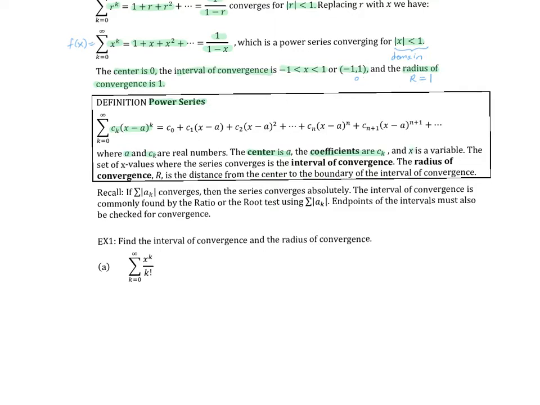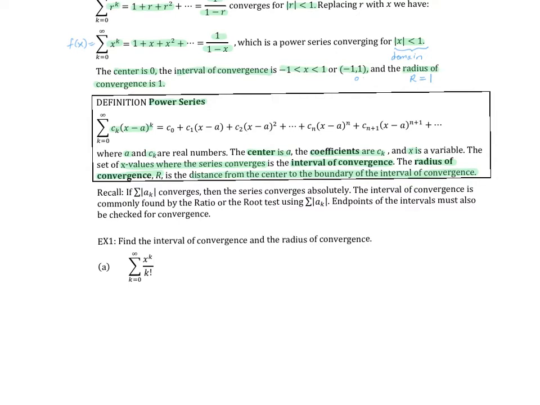In this case, x is just some variable. The x values where the series converges, you can think about this as the domain, would be our interval of convergence. And then the radius of convergence, which we use capital R, is going to be the distance from the center to the boundary of the interval of convergence. So it's just the distance from the center to either endpoint.